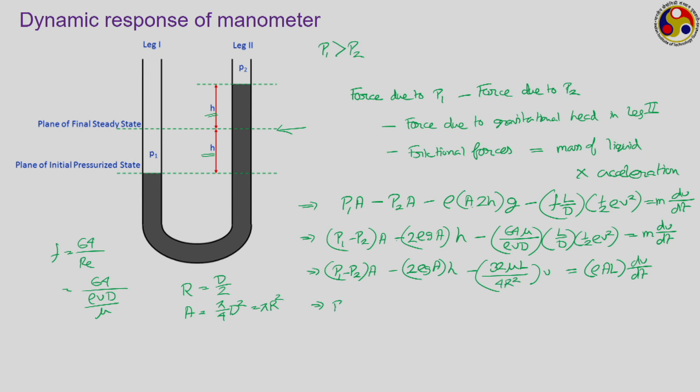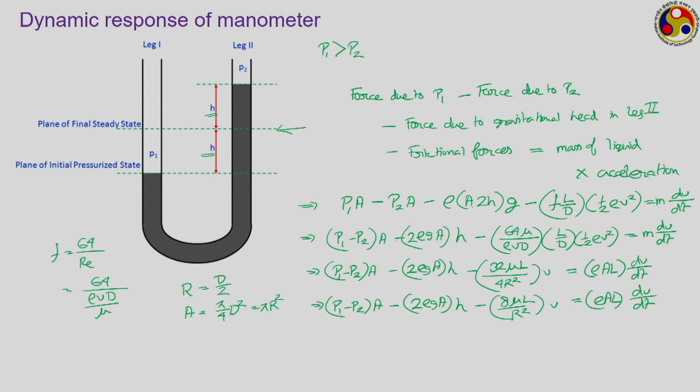So, we can separate it out as P1 minus P2 into A, minus 2 rho g A into H, minus 8 mu L by r square into V, is equal to rho A L dv dt.